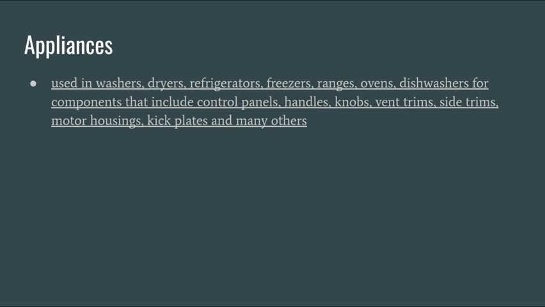So, for example, appliances that use composites are washers, dryers, refrigerators, freezers, ranges, ovens, dishwashers, and specific components that will be your control panels, handles, all the knobs, the vents, the trim, the side trim, the motor housing, the kick plates, and many other different things that are used in each one of these appliances.